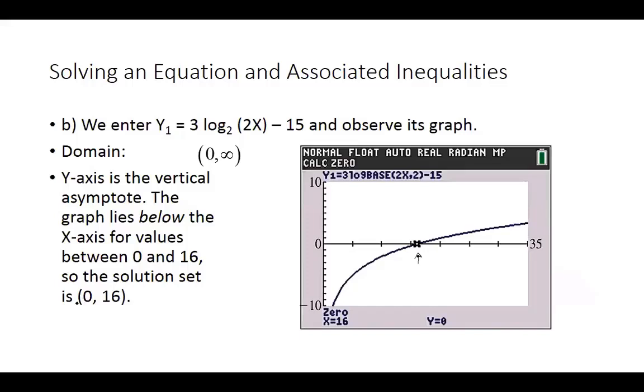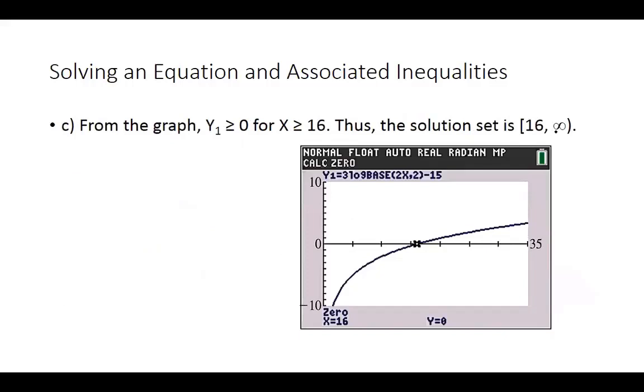Not including 0, that's why we use parentheses. Not including 16, that would be the values that go below 0. So 16 to infinity is when y1 is greater than 0. Therefore, the solution set would be all the numbers from 16 to infinity.